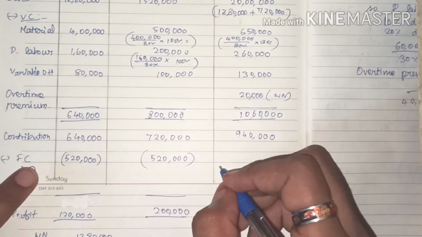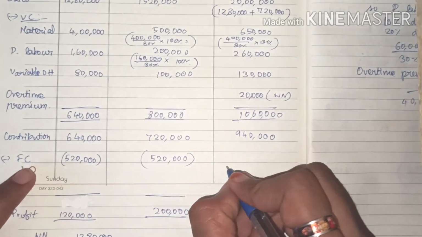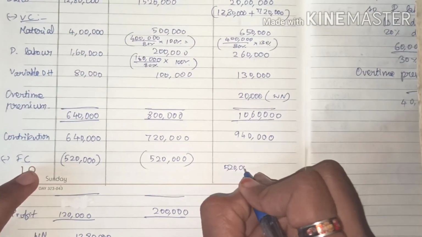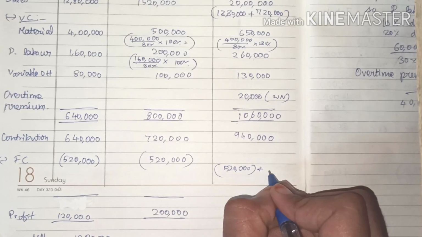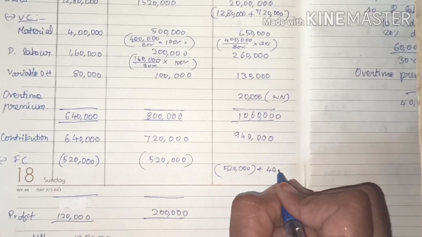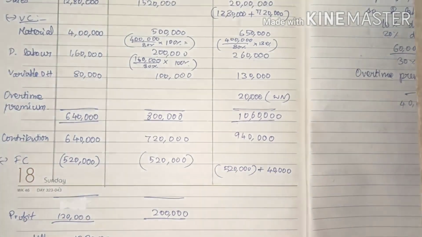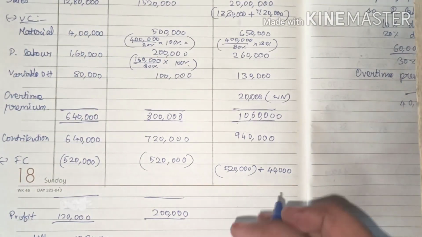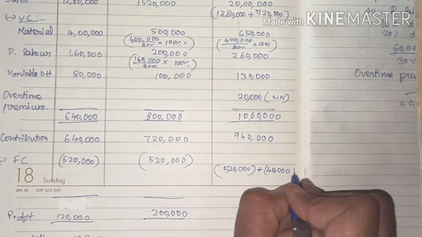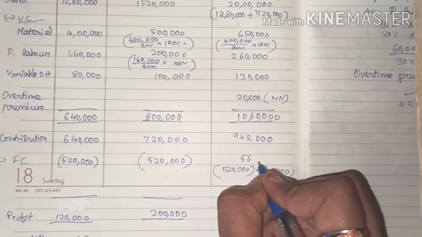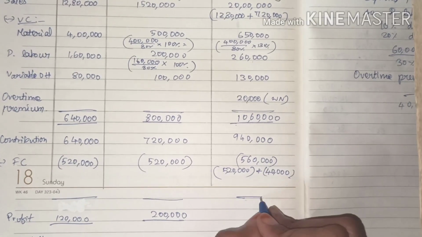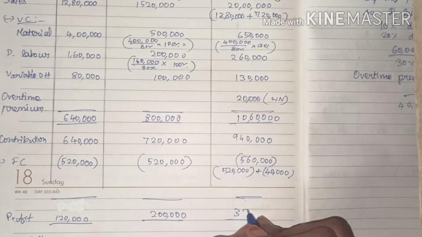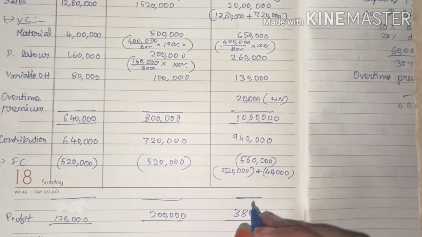See, for fixed cost you have to calculate like this. 5,20,000 is normally the fixed cost, and here for 130 percentage it increased by 40,000 because the new equipment is installed. So if you add this you will get 5,60,000, and the profit is 3,80,000. That's it, the illustration 3.